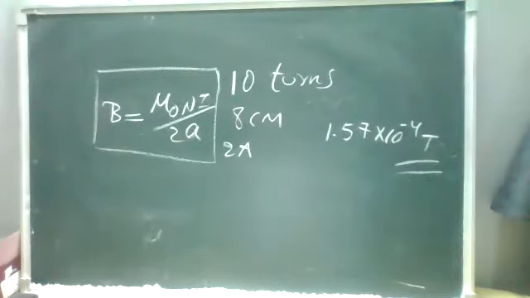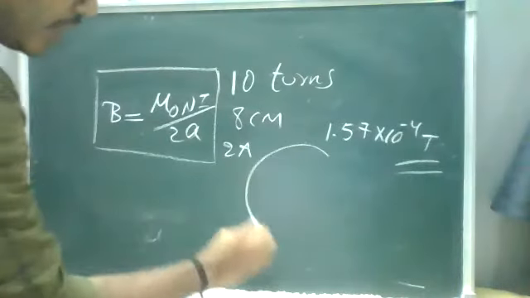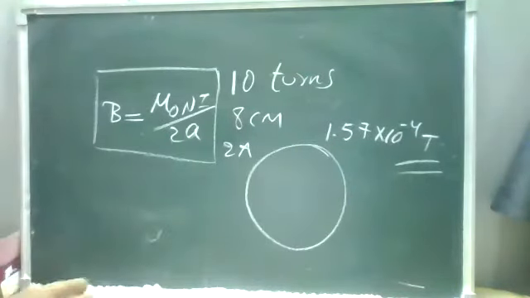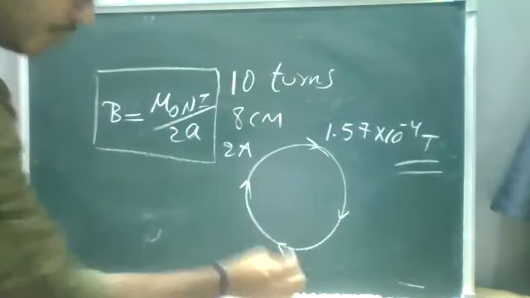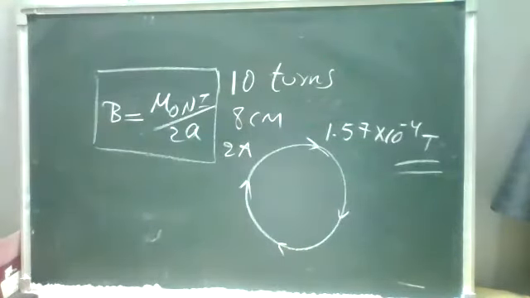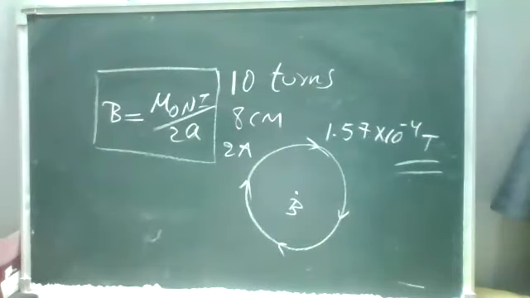Right, correct. Now, what is the direction for magnetic field? So, this is a circular current carrying conductor. Clockwise, top view, the direction of current is clockwise. Apply the thumb rule. Try to find the magnetic field direction.